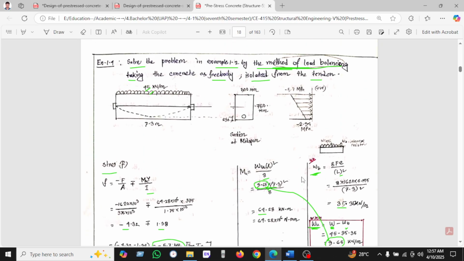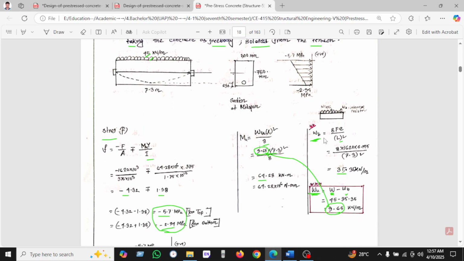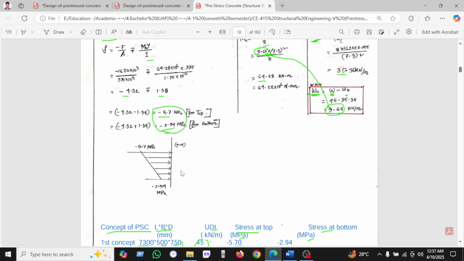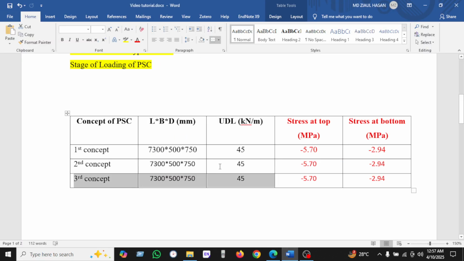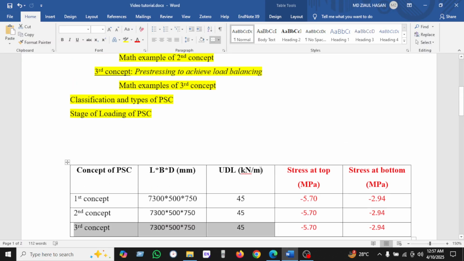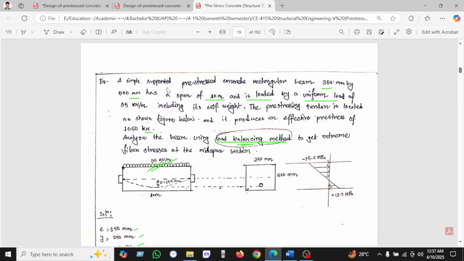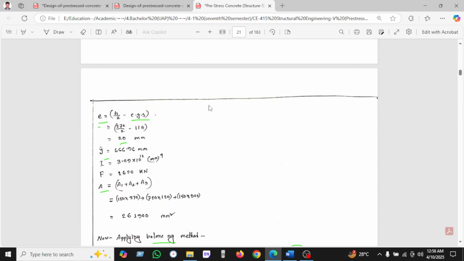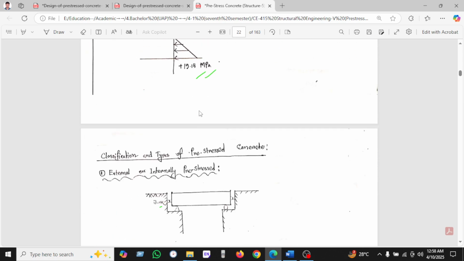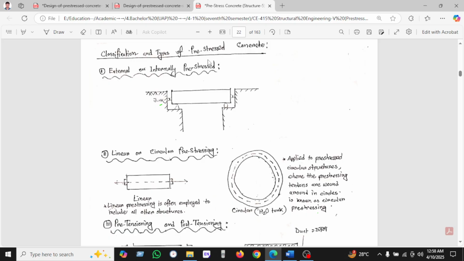But the difference is in how we calculate: we deduct the balancing load from the total load to find the ultimate load, from the simple setup. Okay, so we found all these parameters here, and we saw another example for concept 3. And then we saw the classification types of prestressed concrete.